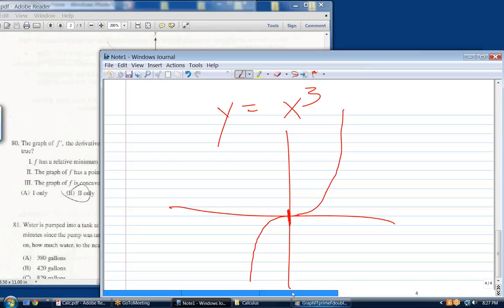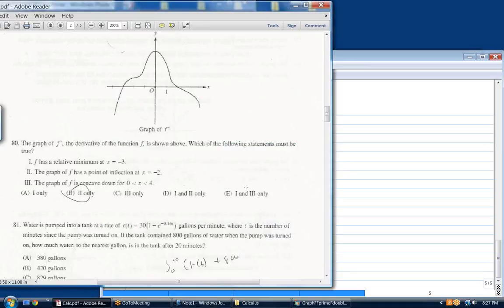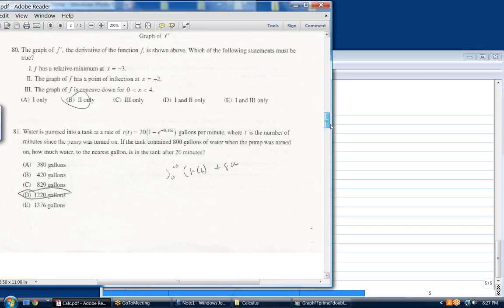Now, the first derivative is 0 here. But so is the second derivative, because I know that's an inflection point. I'm not sure what point I was going to make there, but pretty sure the answer is 1 and 3 on this.